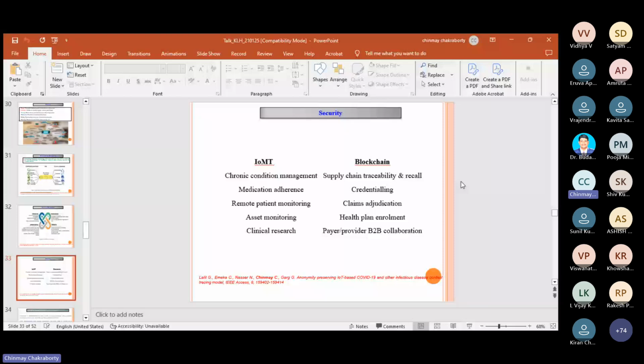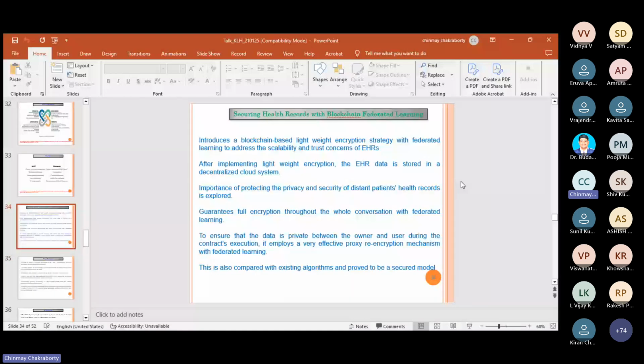This is one work, where you can see secure health records with blockchain and federated learning applied. It secures the health record, mainly the EHR: how to secure and preserve the patient-centric information in electronic health record systems. He introduces a blockchain-based lightweight encryption strategy with federated learning to address the scalability and trust concerns of EHRs.